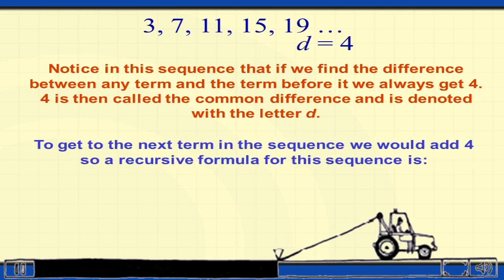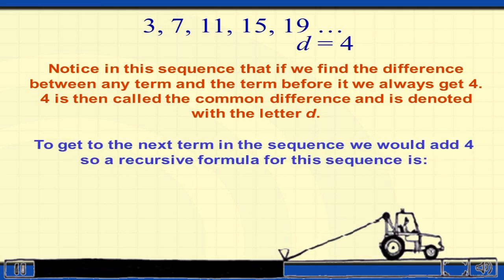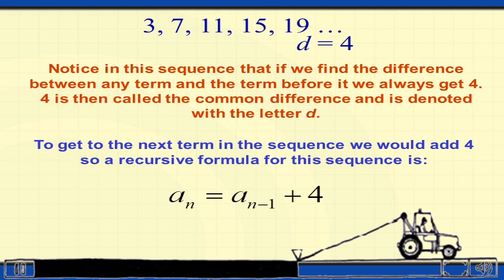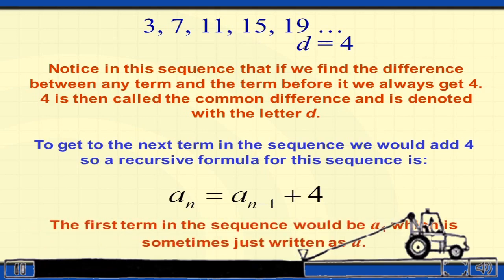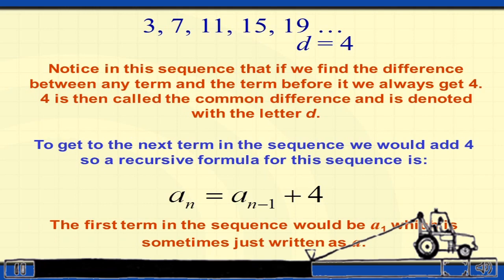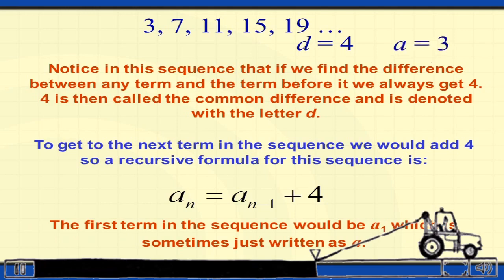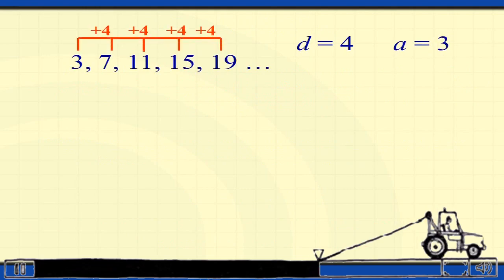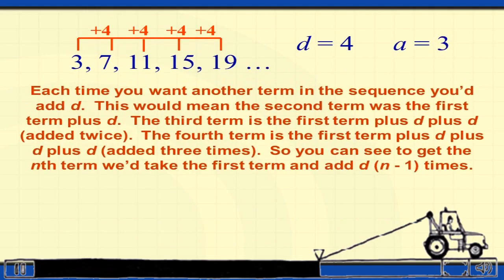To get to the next term in the sequence, we would add 4, so a recursive formula for this sequence is: the first term in the sequence would be a1, which is sometimes just written as a equals 3. Each time you want another term in the sequence, you'd add d.